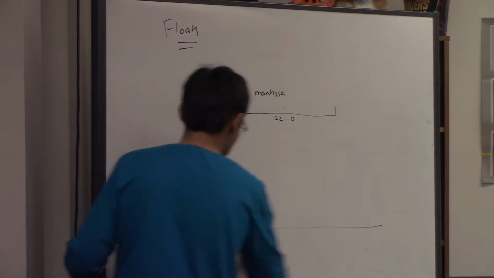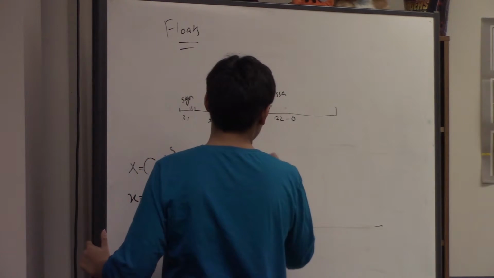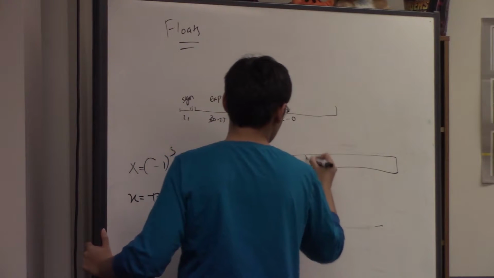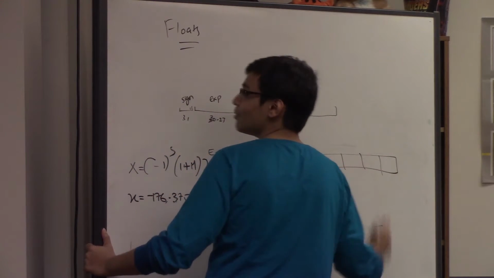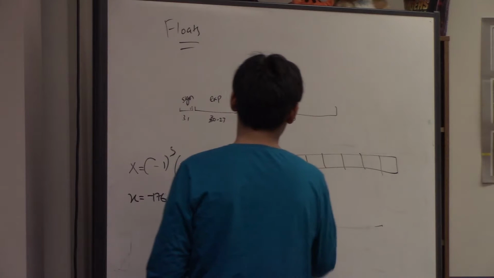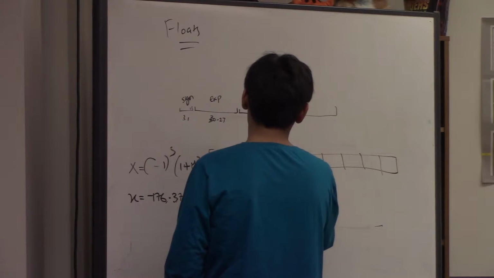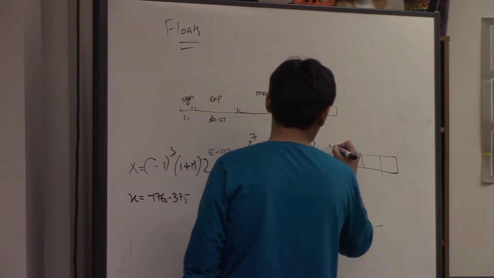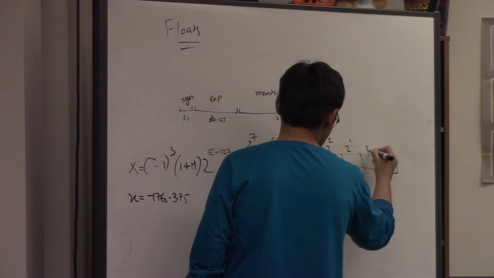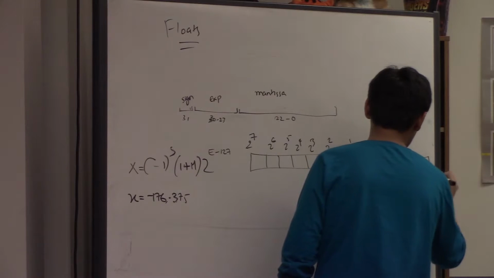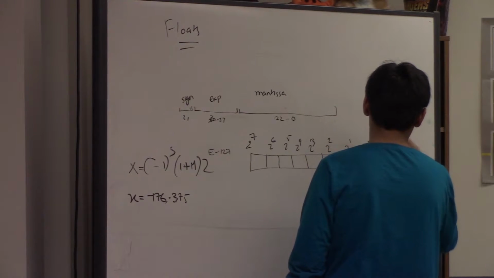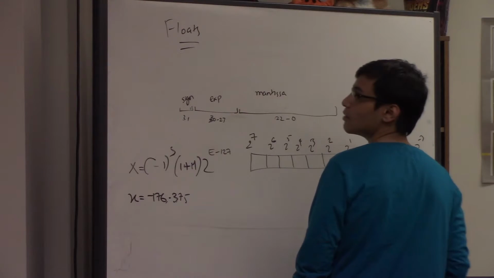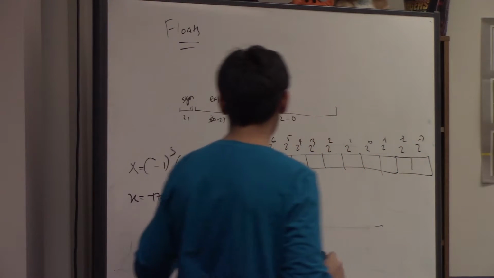Actually, let me do it there. I probably need more, but anyway, let's see how that goes. 2 raised to 7, 2 raised to 6, 2 raised to 5, 2 raised to 4, 2 raised to 3, 2 raised to 2. Okay.